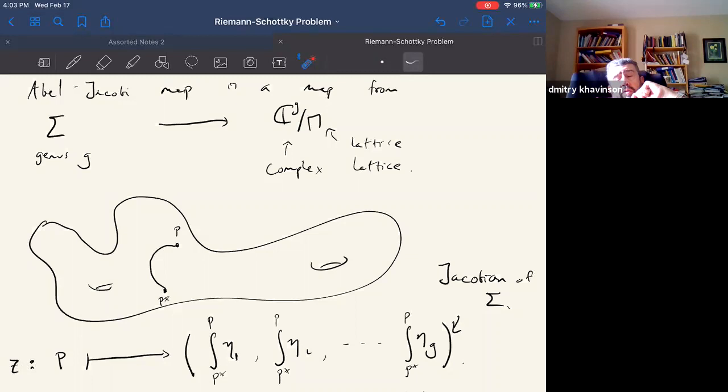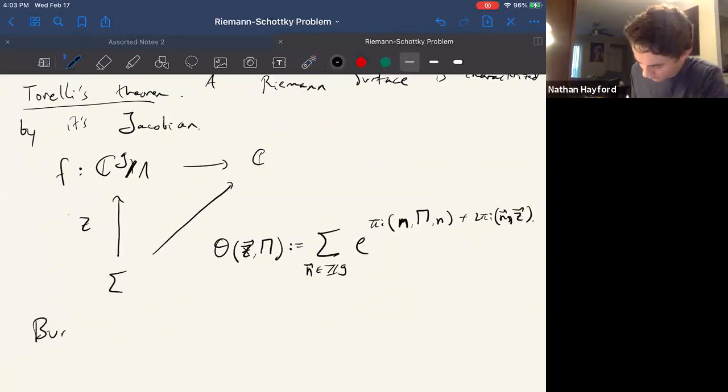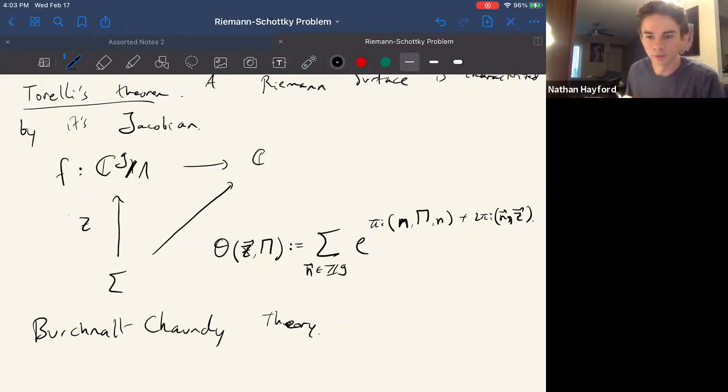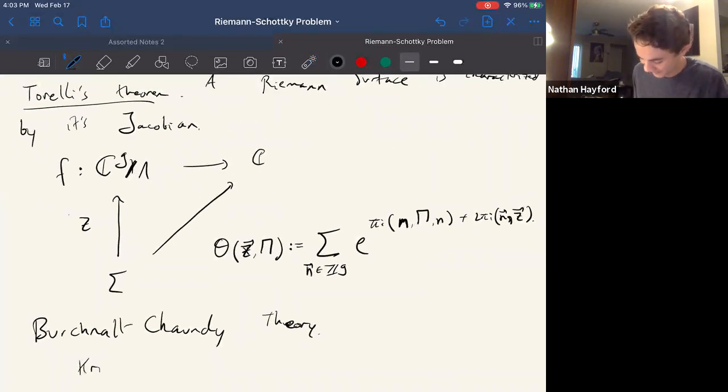Burchnall-Chaundy, I'll write it at the bottom: commuting subrings of differential operators. It's like a deformation of this in some sense, and people have termed Shiota's construction Burchnall-Chaundy-Krichever theory. So that's the flavor of what we're going to talk about next time, and we'll see how far we get.